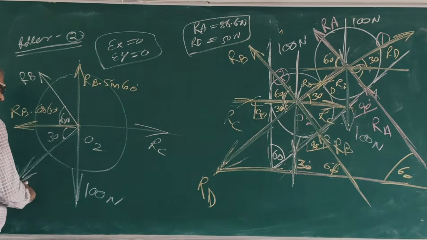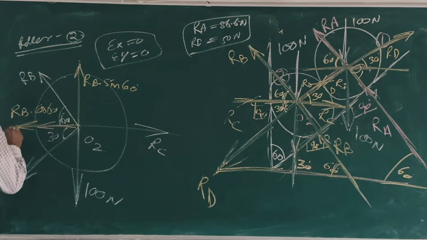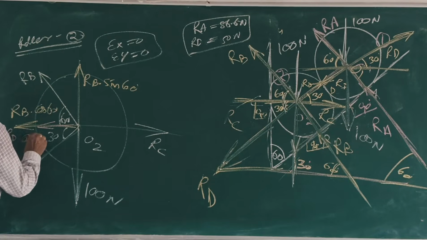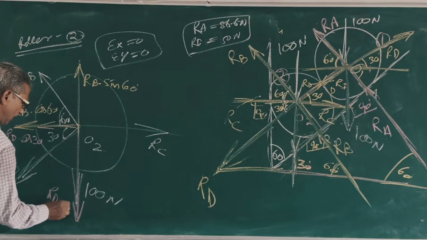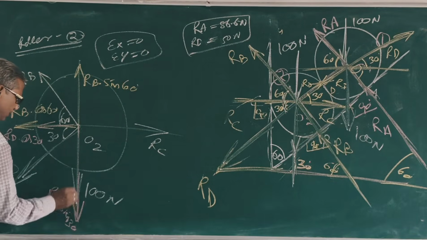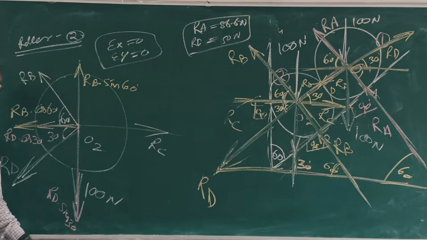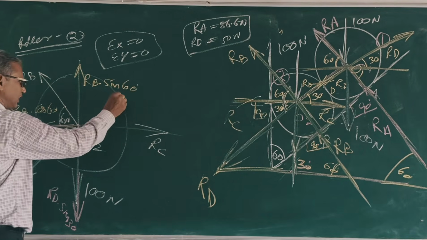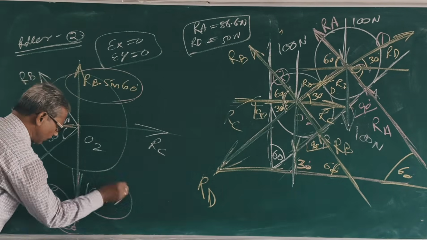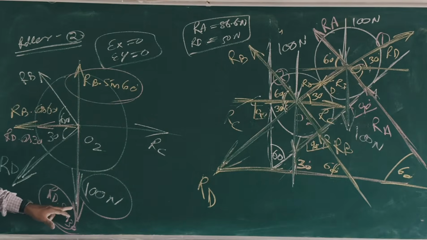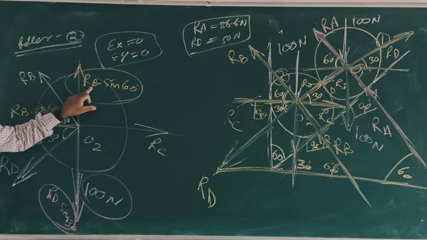So what is this force? RD cos 30. What is this force? RD sin 30. Clear? Now we will first equate sigma y, because in sigma y this is an upward force, and these are downward forces. 100 is known, RD is known, so RB can be found easily.